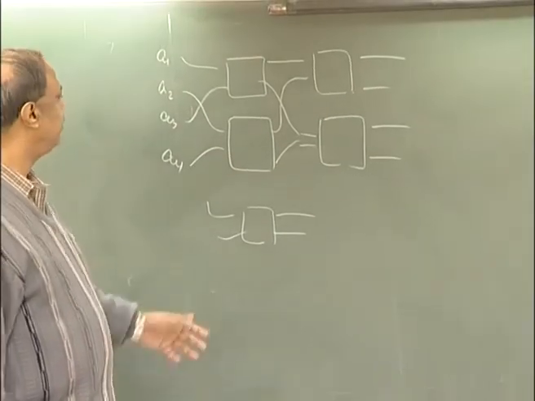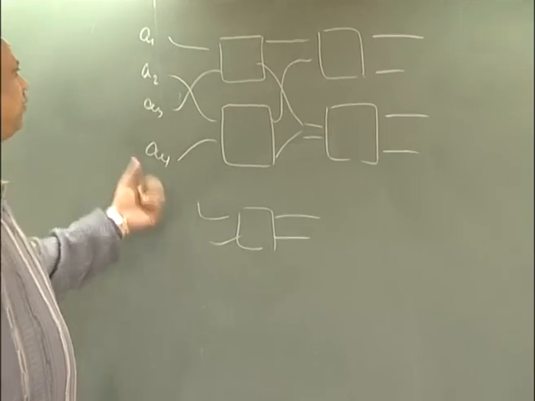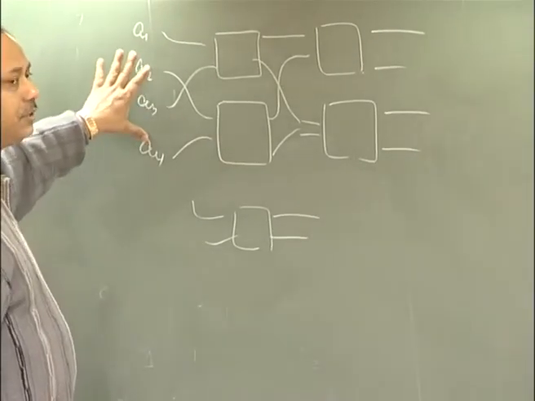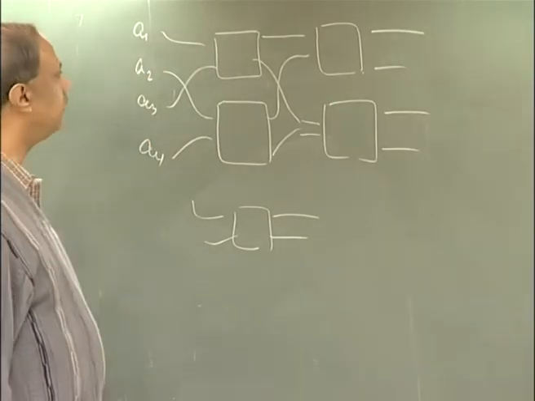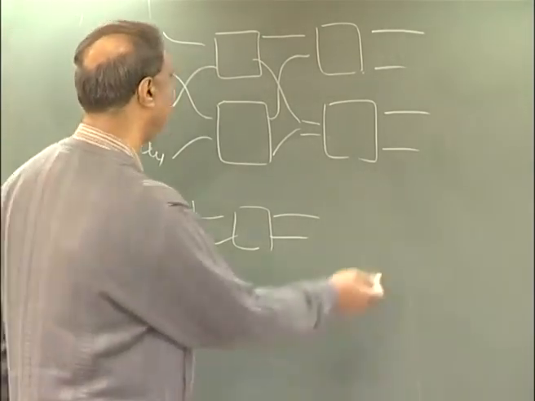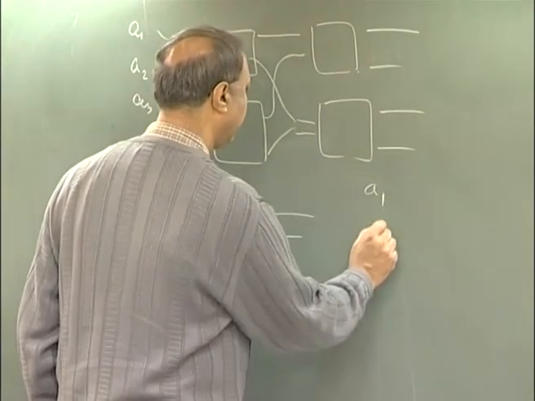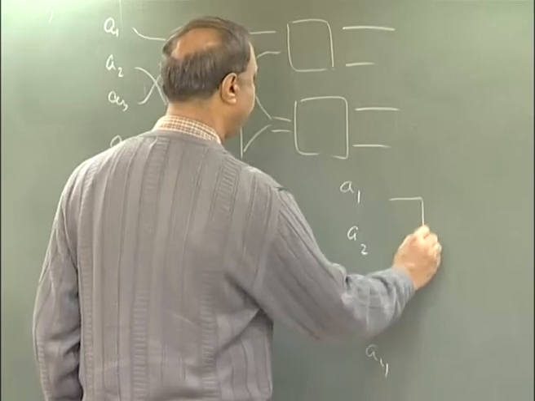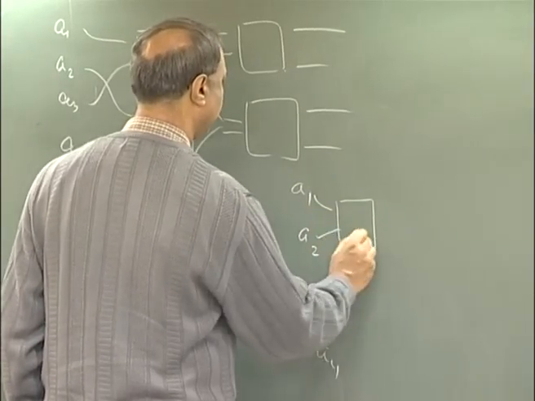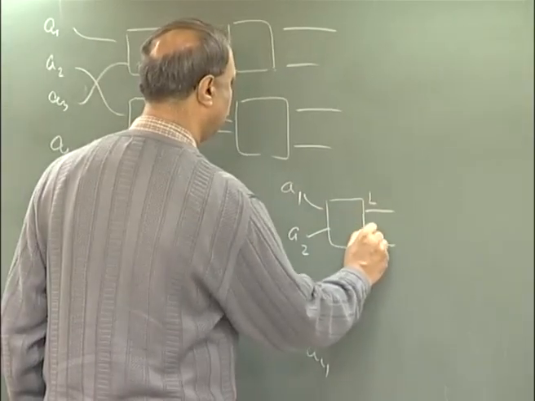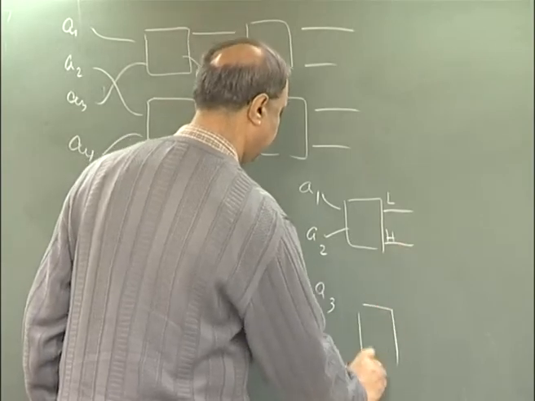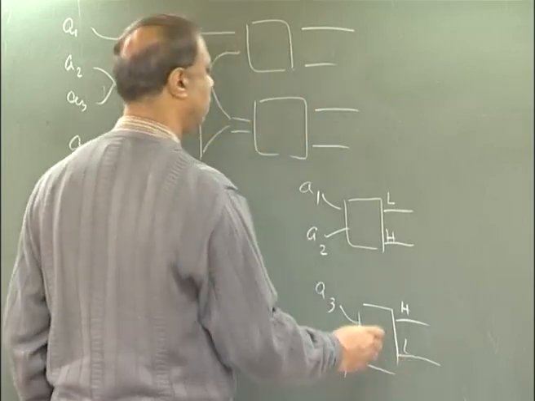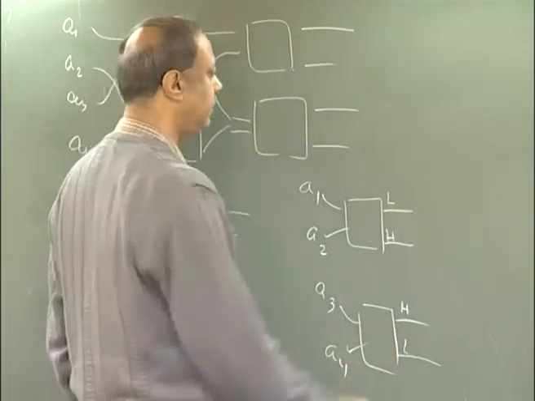Now, if you have to combine both the things for obtaining a sorted sequence, suppose it's arbitrary elements and you want to have the sorted sequence, you can easily find that. Suppose this is an arbitrary one, A1, A2, A3, A4. So first you make this low and this is high. This is high, this is low. Now this becomes a bitonic sequence.